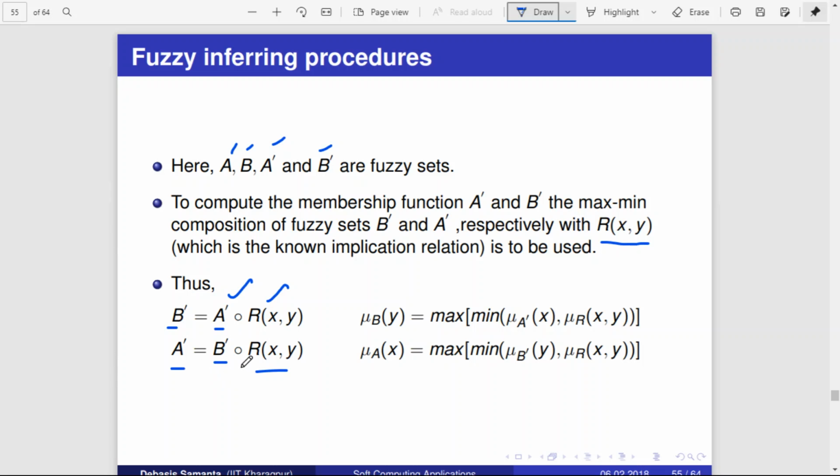A dash equals B dash composition the relation, given by this formula: membership function A dash of x is equal to max-min of the membership function of B dash of y, comma, membership function of x, y, which is the relation.